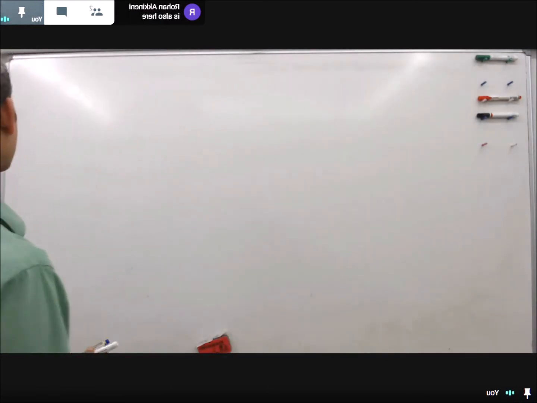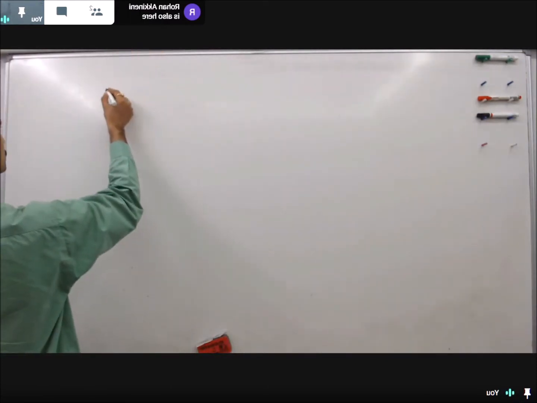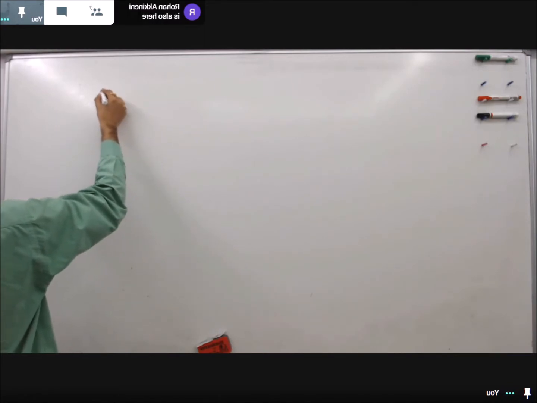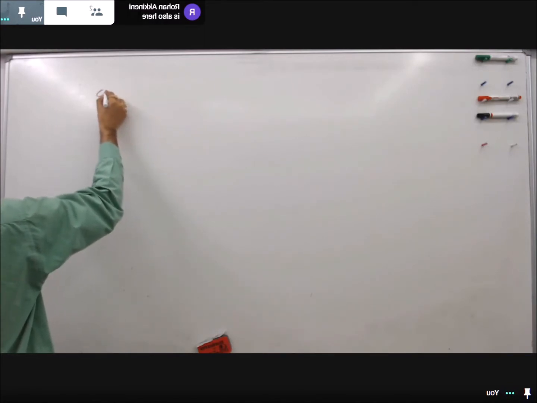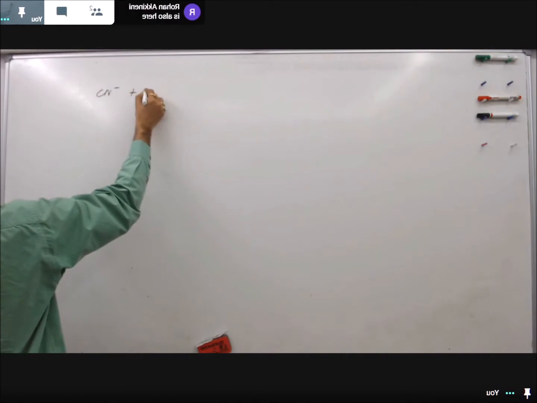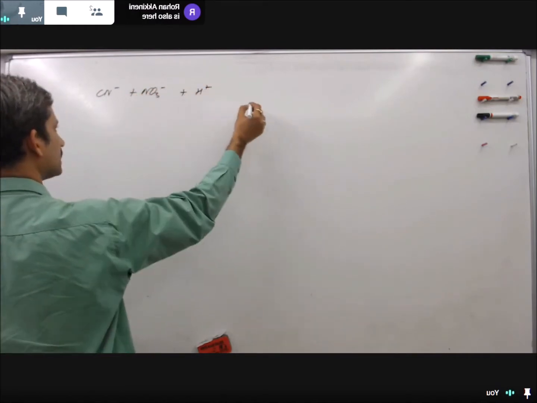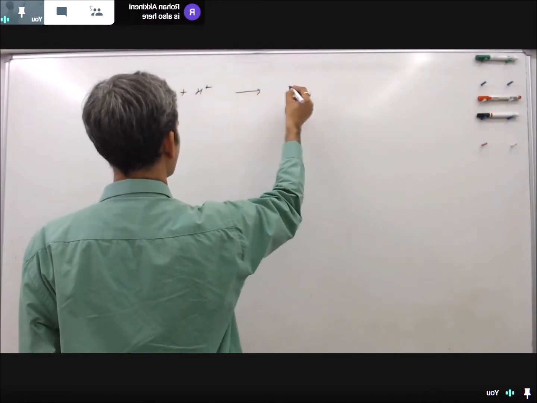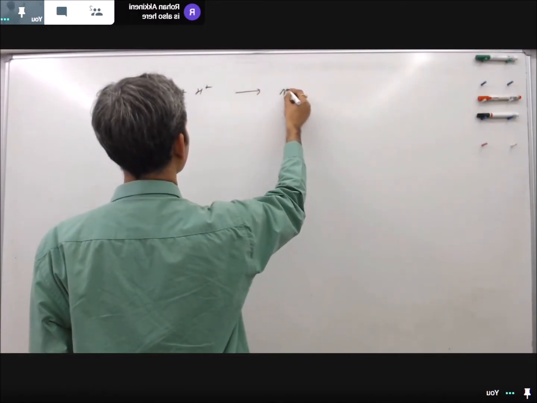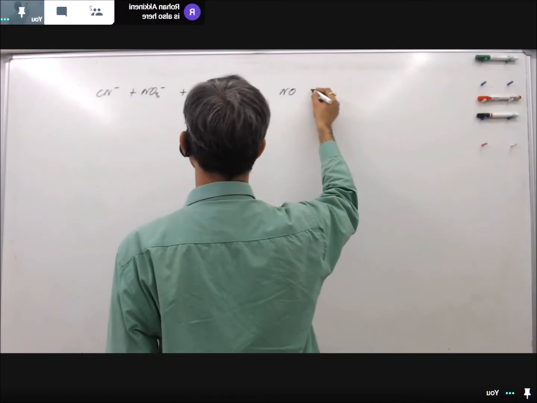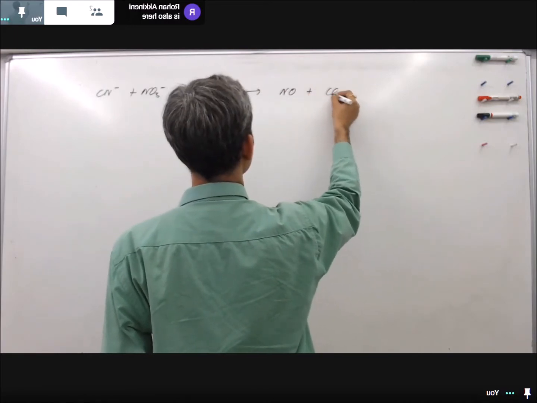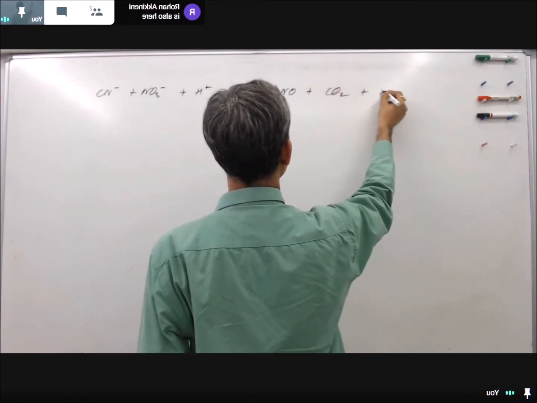Let's have one question. And that was a question that I liked. It was something like CN minus plus NO3 minus in presence of H plus gives us NO plus CO2 plus H2O.